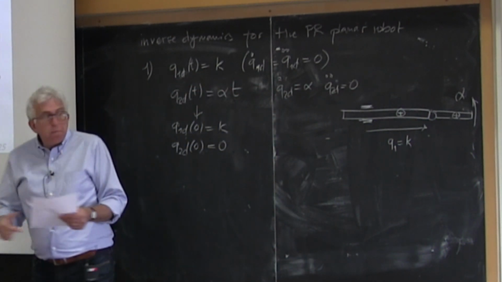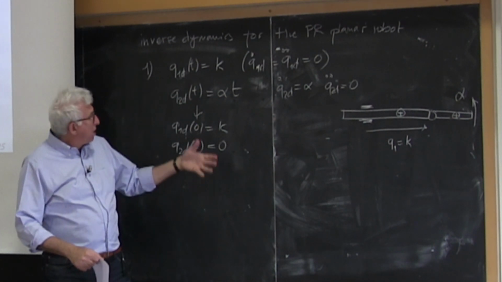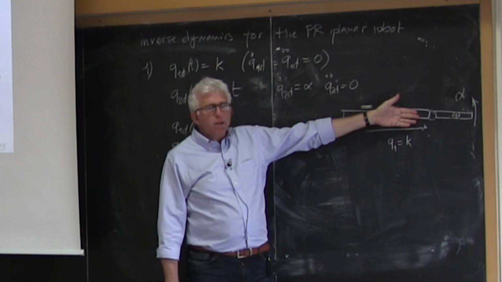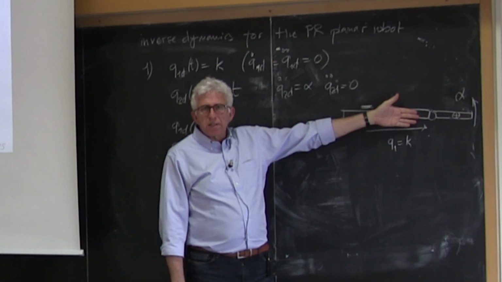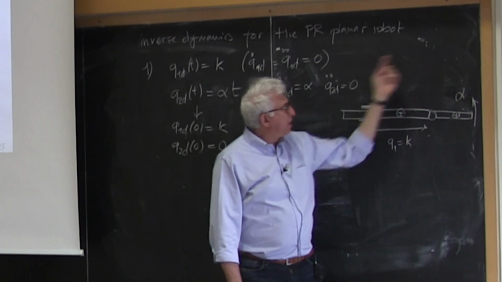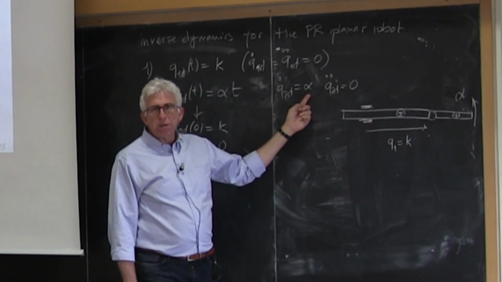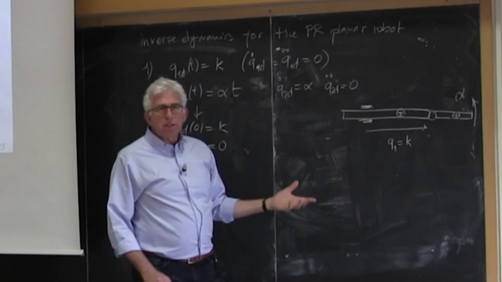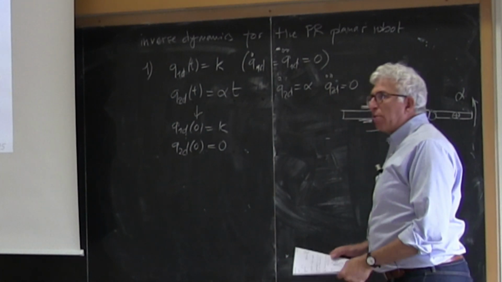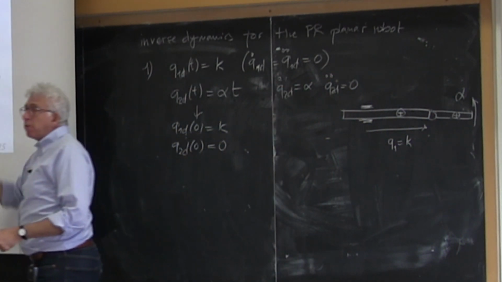Now, we are in a particular state and we are trying to execute this type of motion. The motion is very simple. Keep the first link in this fixed position and have the second link rotate at constant, positive speed. Do we need forces and torques to execute this type of motion? It's a very particular motion. Well, let's look at the equation.